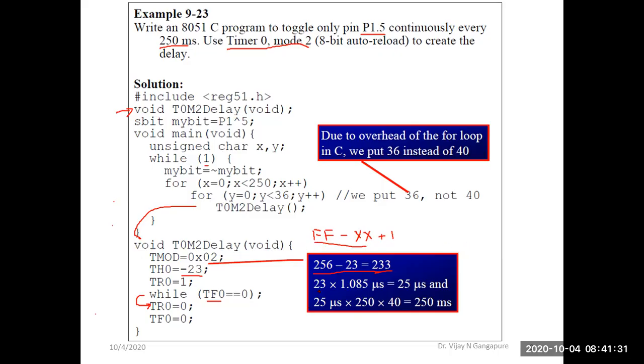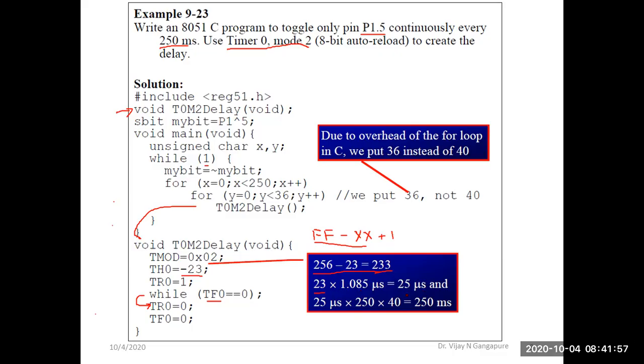So again we will get the number 23, which will get multiplied by 1.085 microsecond, assuming that the oscillator frequency is 11.0592 megahertz. The time period of the oscillator frequency divided by 12, which is acting as the timer clock frequency, is 1.085 microsecond. Just multiply it by 23, and that gives me 25 microseconds.